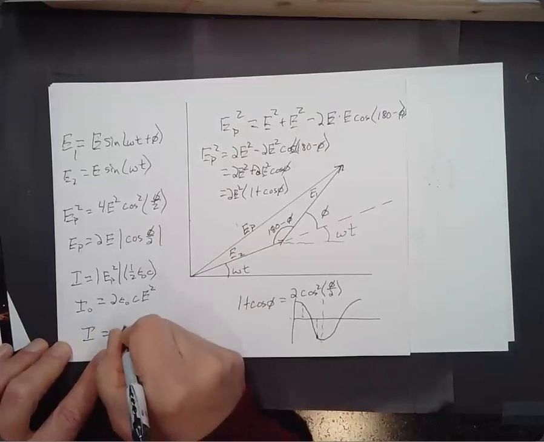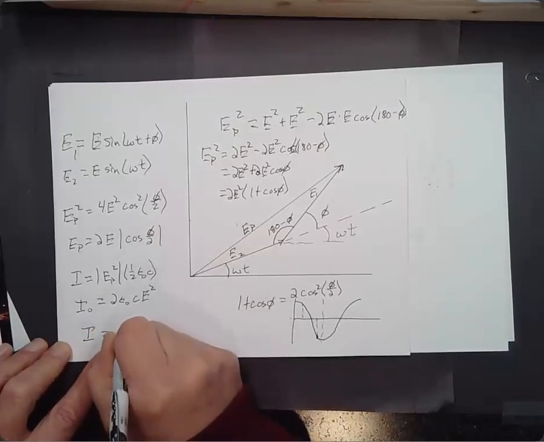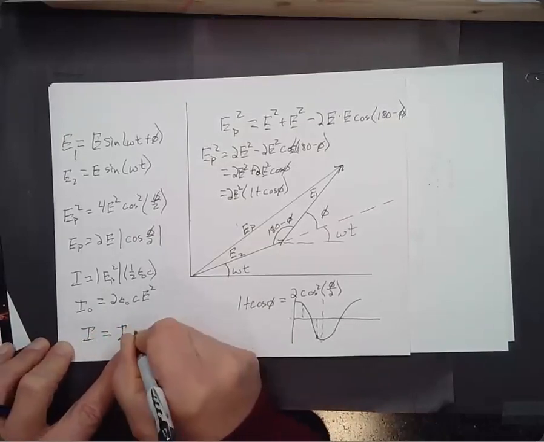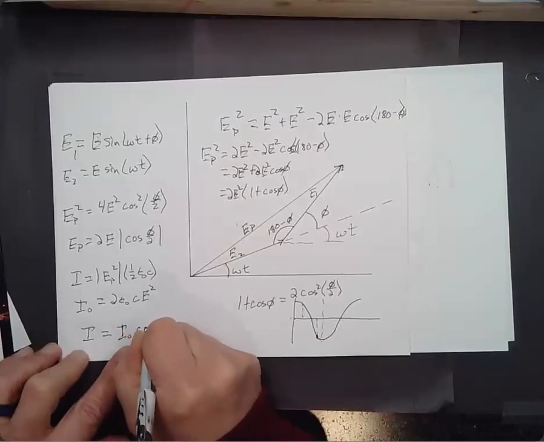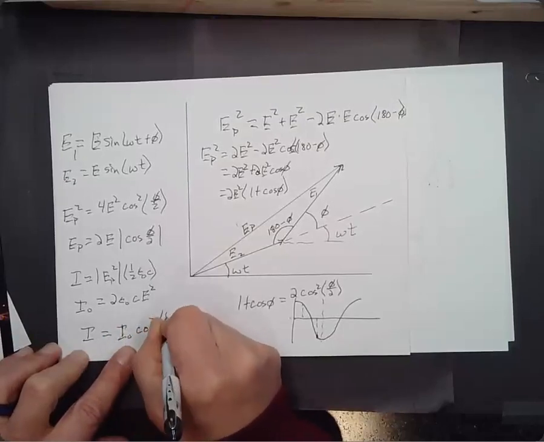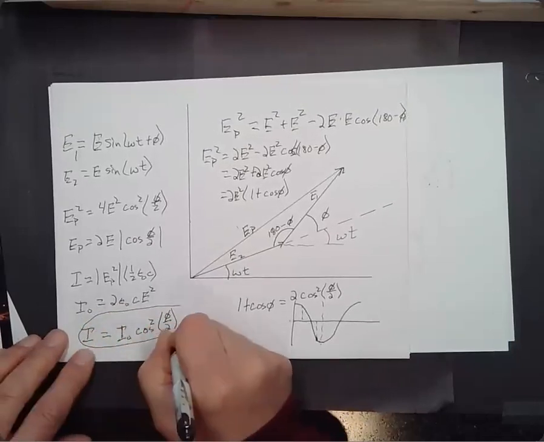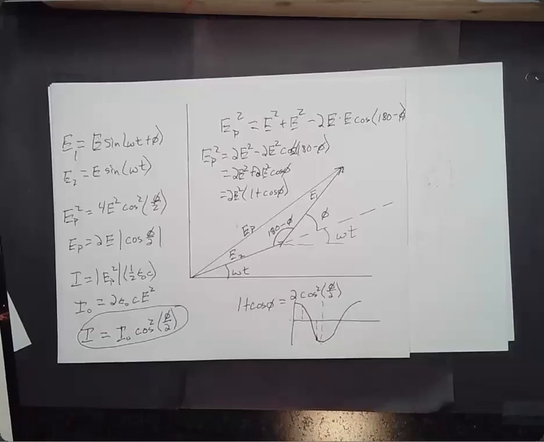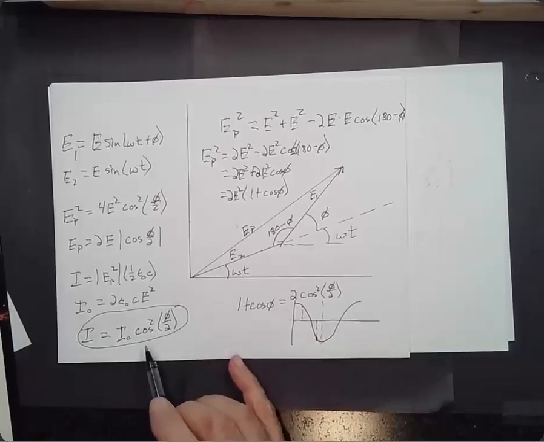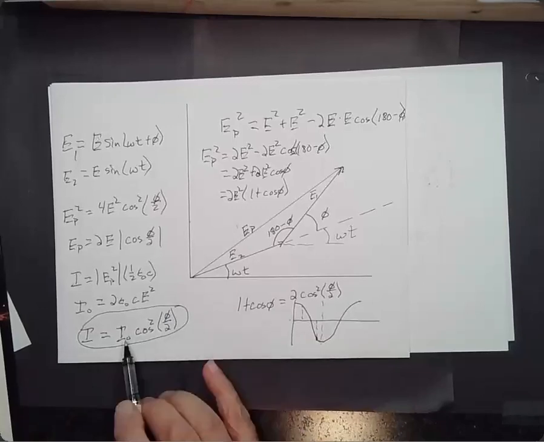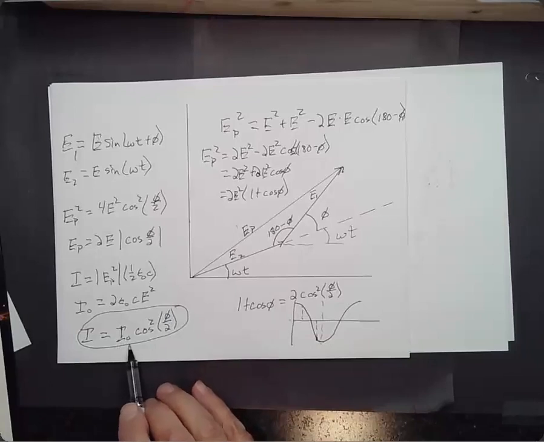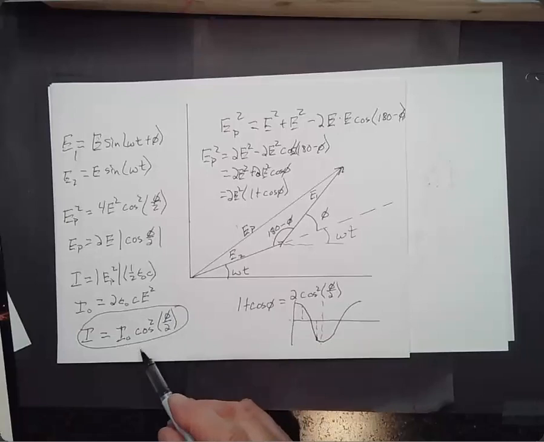And it's this result that's going to be important: I naught cosine squared of phi over 2. And this is the important relationship for the intensity of a two-slit pattern, and it's in terms of the intensity of the bright central max. And so at other places, you'll end up with other intensities.